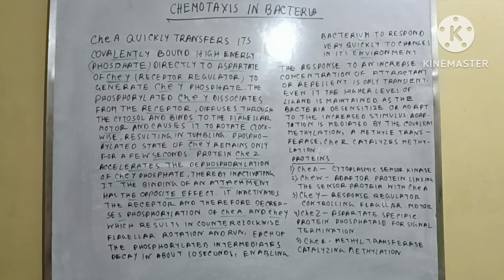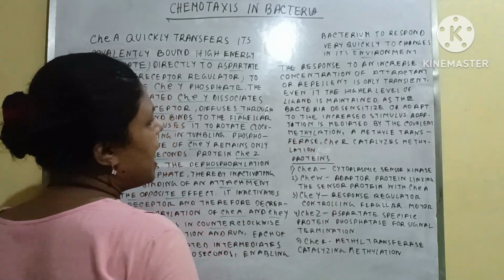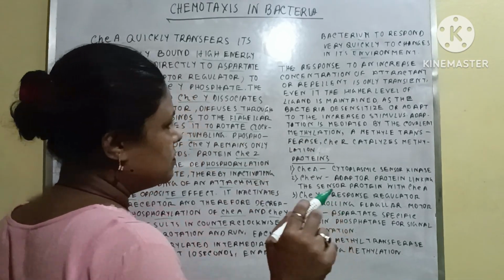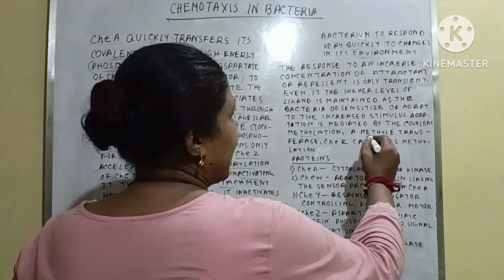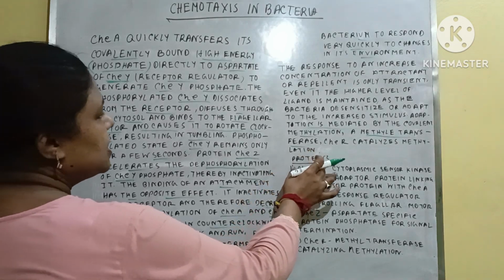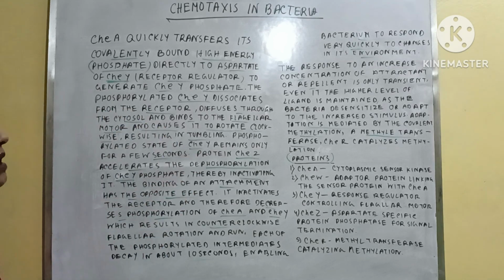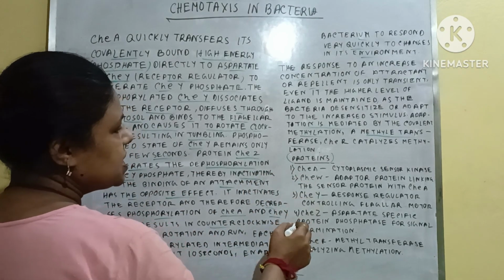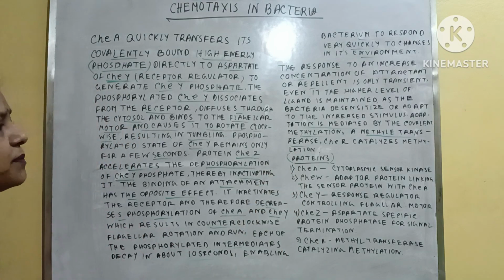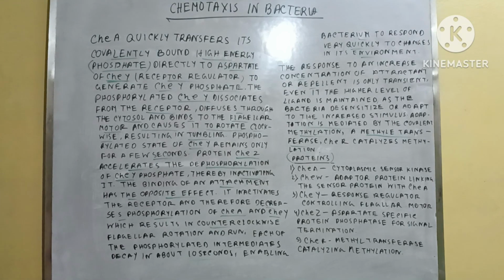And another important thing is that adaptation is also mediated by the process of methylation, and the important catalyst here is the methyltransferase CHER. The names of the proteins that we have already learned in this topic, like CHEA, CHEW, CHEY, are written here as a gist or summary, so you can easily understand the proteins and short information related to them.